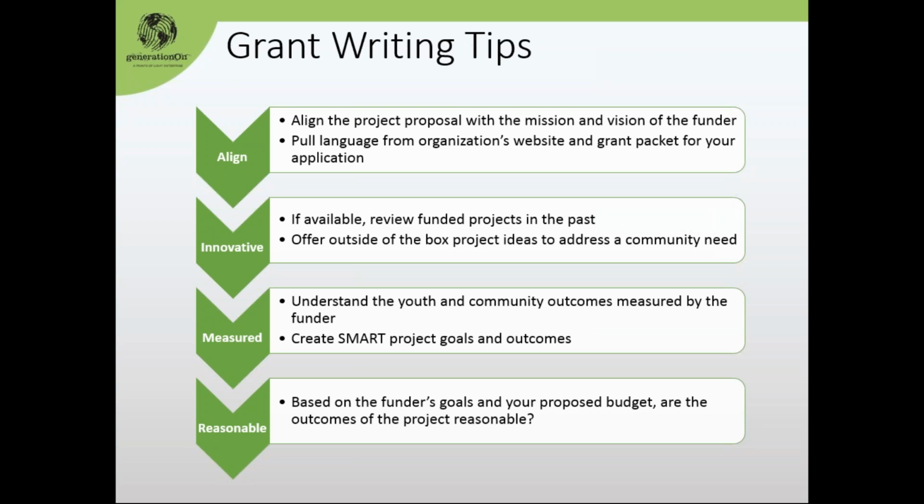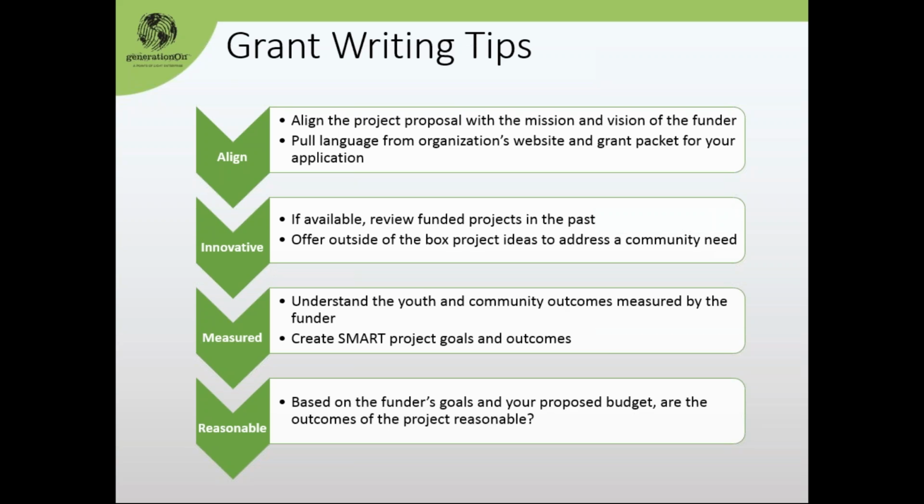With Verizon, you want to make sure that the grant applications we see for the Verizon STEM grant are STEM-related service initiatives. Those are all very clear, but also you want to look at the mission and vision of the funders and see how you can weave that language into your grant proposal. Because again, you want to show that your grant aligns with the work that the funders are already trying to do.